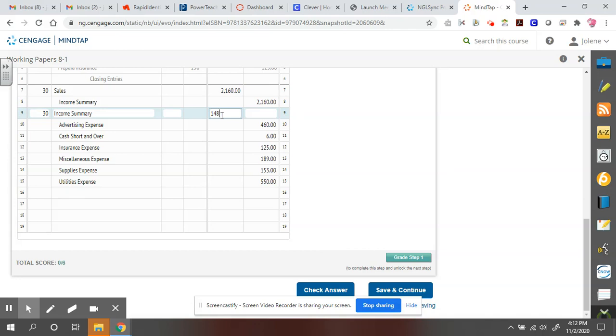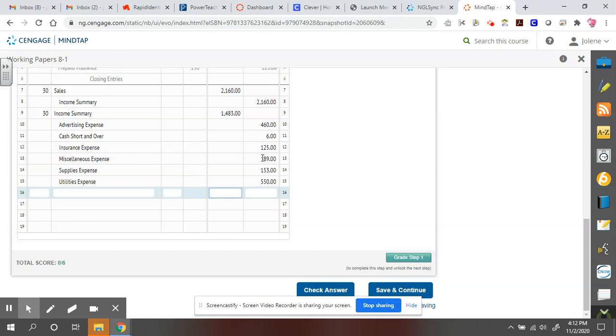I'm going to add it one more time to make sure I didn't hit any wrong buttons. $1,483. Okay, so that makes our debits equal our credits, and we close out the expenses.